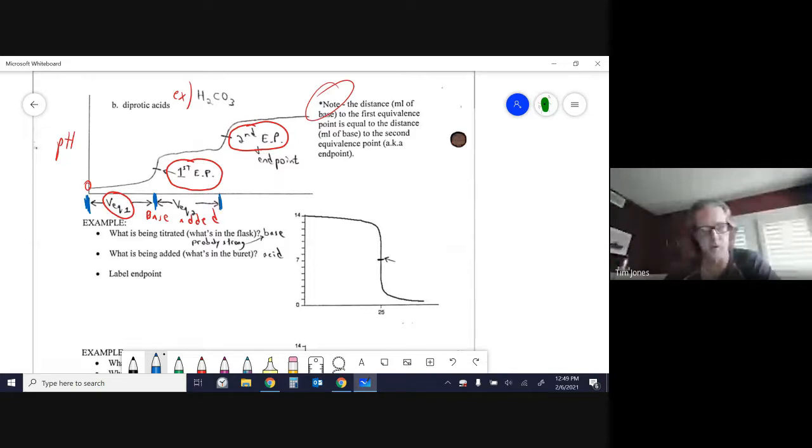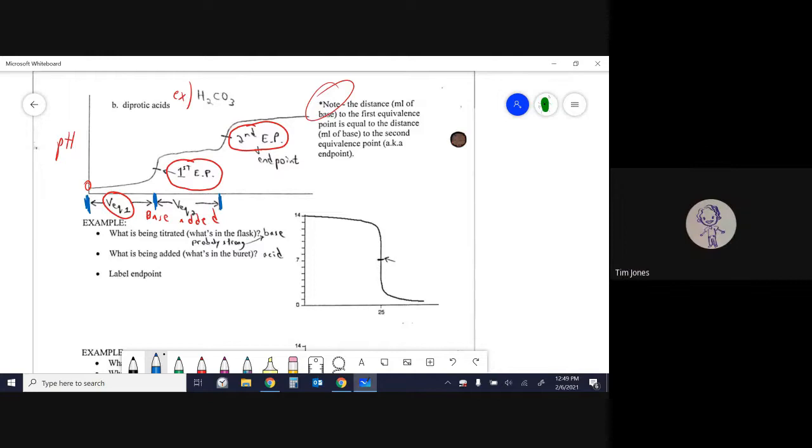And so that's why I've labeled VEQ1 equals VEQ2. So let's say it took 8.5 milliliters to get to the first equivalence point. Well, it should take an additional 8.5 to get to the second equivalence point.